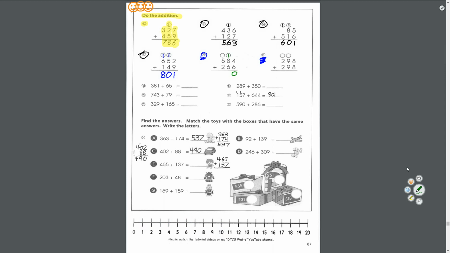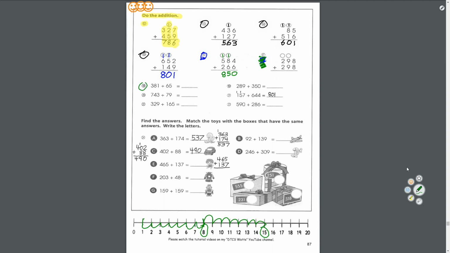Or we could do 8 plus 1 plus 6. 1, 2, 3, 4, 5, 6 equals 15. 5 goes here, carry the 1 above the hundreds. 1 plus 5 plus 2. 1 plus 1, 2, 3, 4, 5 plus 2. 1, 2 equals 8. 850. Okay, please do 17 by yourself. Show me that you know how to do this.